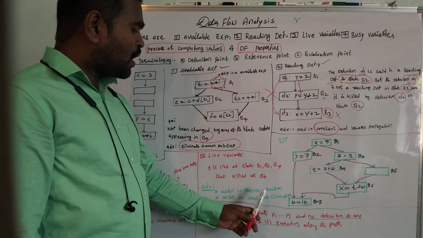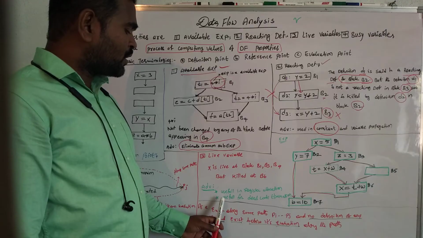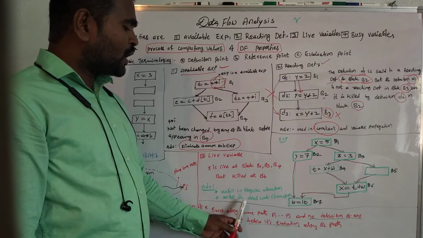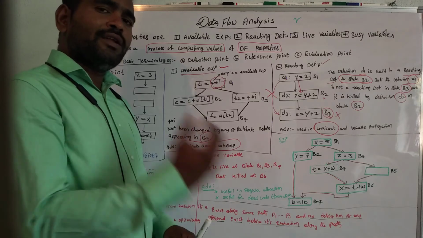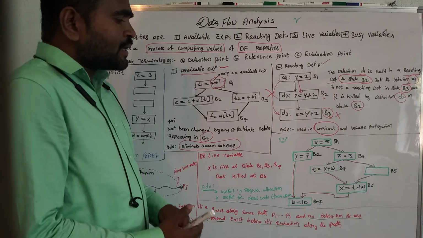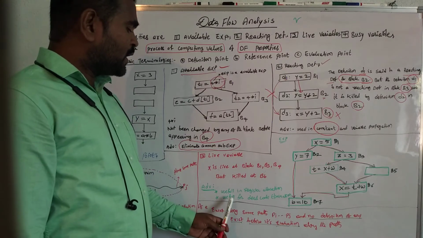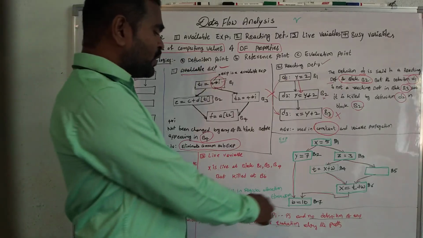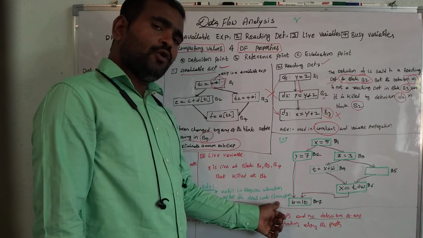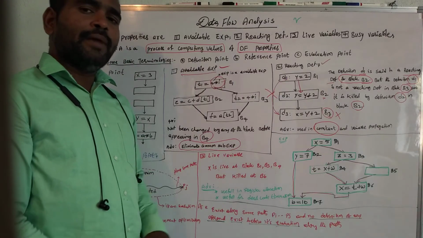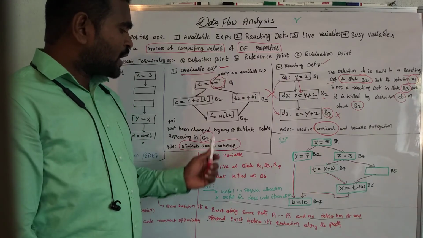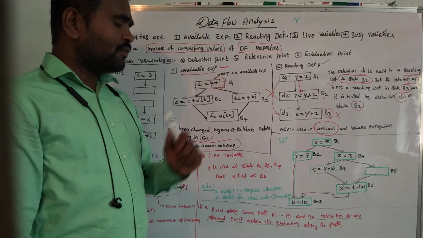So that is one advantage, and another advantage is that it is useful for dead code eliminations. If any particular variable is not at all used for a longer time, at that time, what happened? This particular variable, that dead code is eliminated here. So these two things are useful in the optimization technique. These kind of variables are called the live variables.